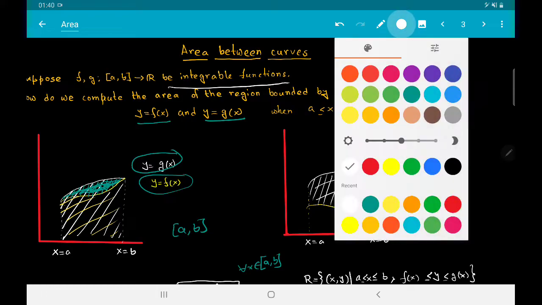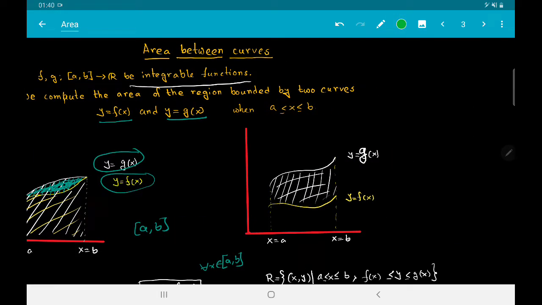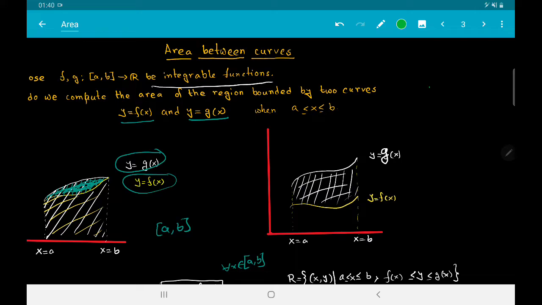So it may intuitively follow from what we have learned up to now that, at least when g(x) is bigger than or equal to f(x), the area of the region we are now concerned with, if we call this R, will be given by area of R_g minus area of R_f.